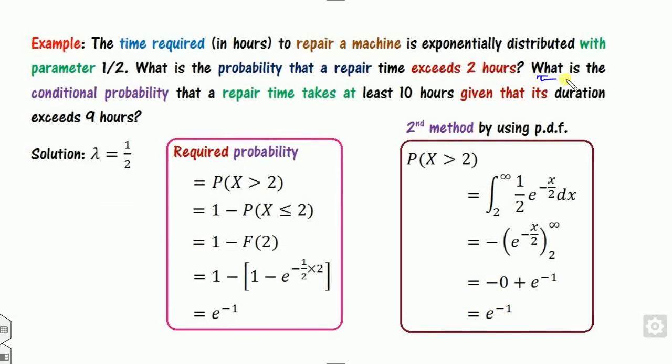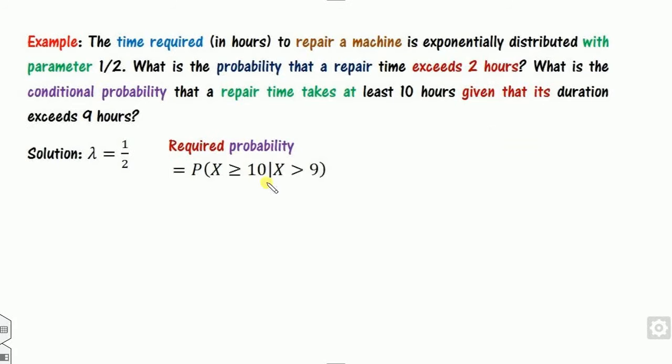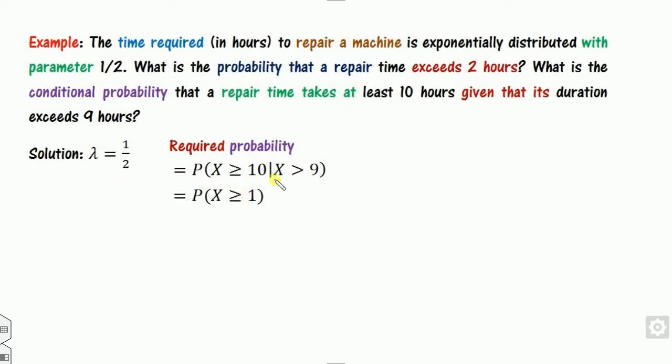Now the second part: what is the conditional probability that the repair time is at least 10 hours given that it exceeds 9 hours? That is the required task you have to find. Again you can use the memoryless property. This is 10 minus 9, which is 1. Now you can write it as x greater than 1.